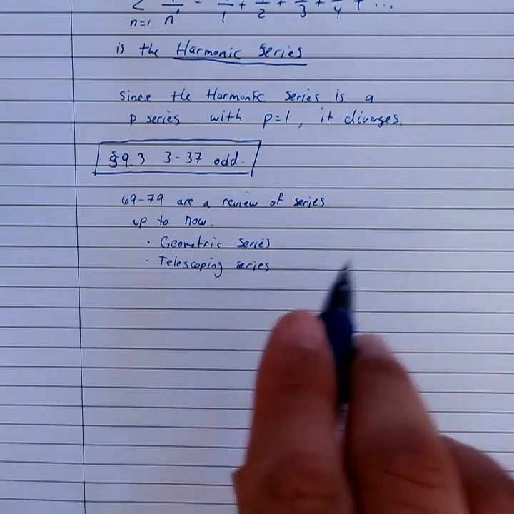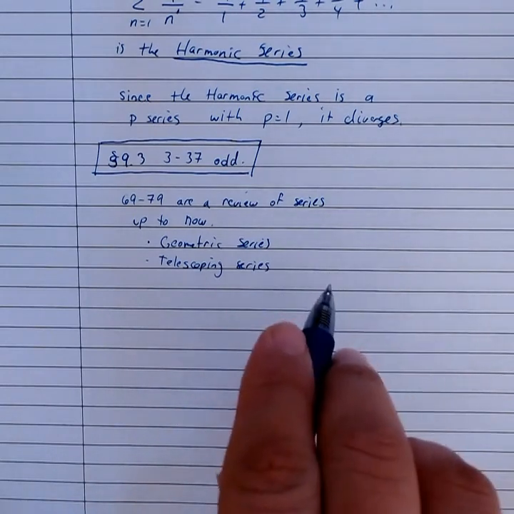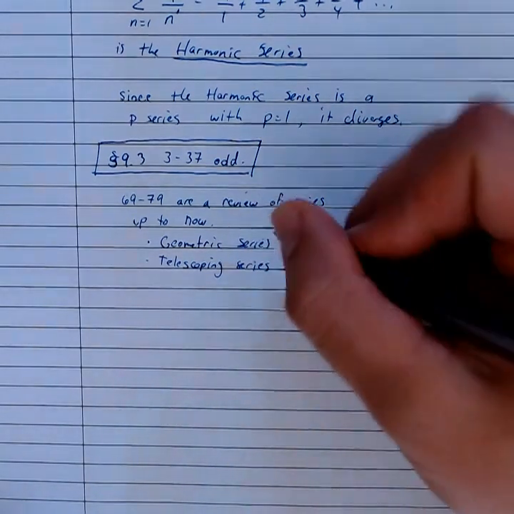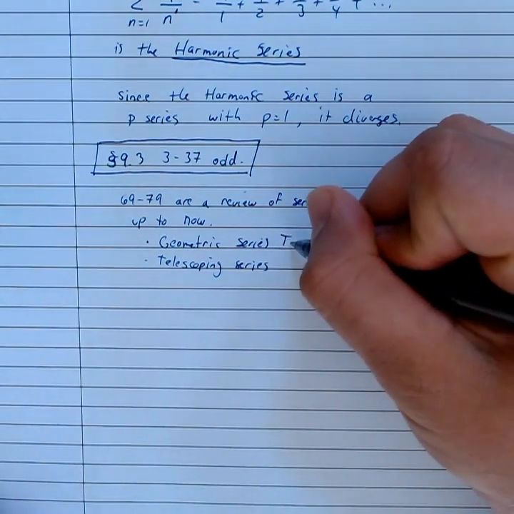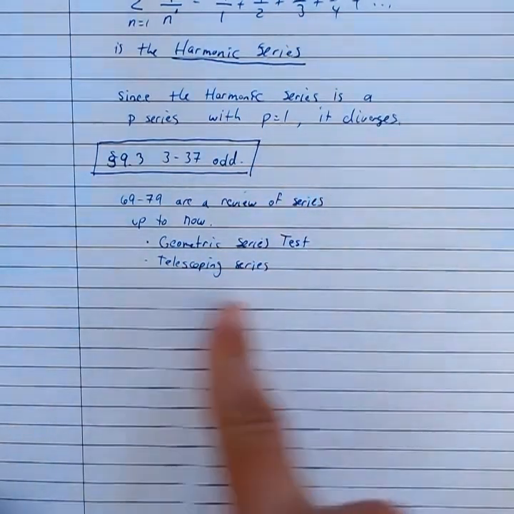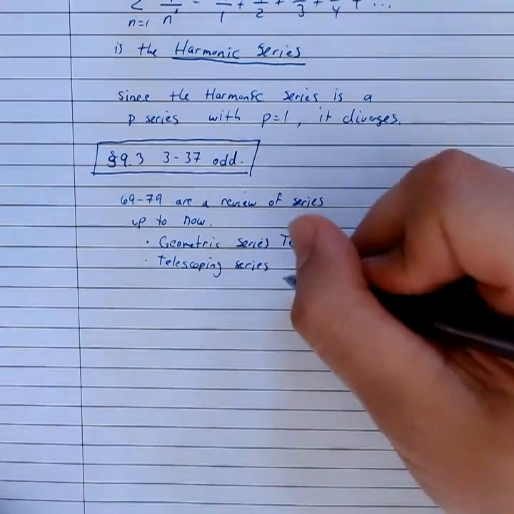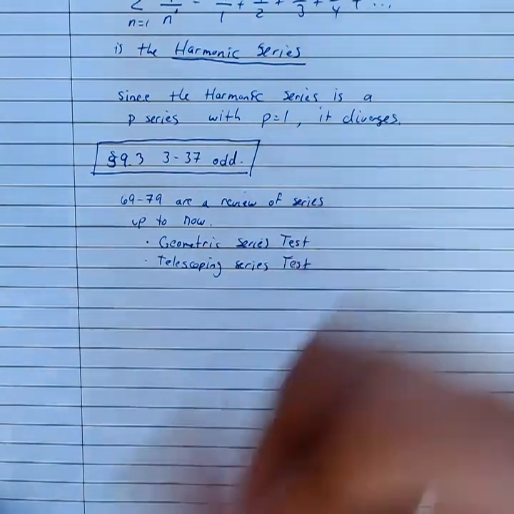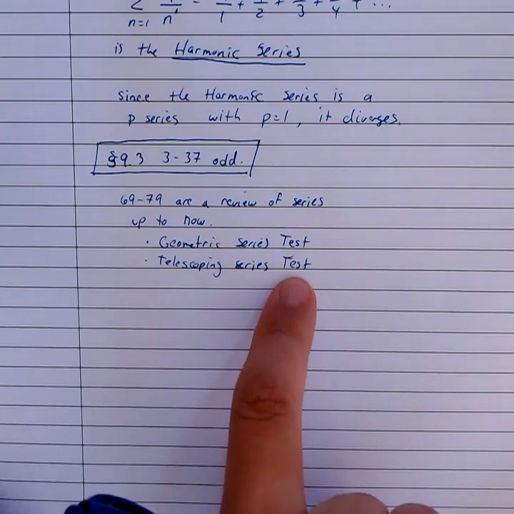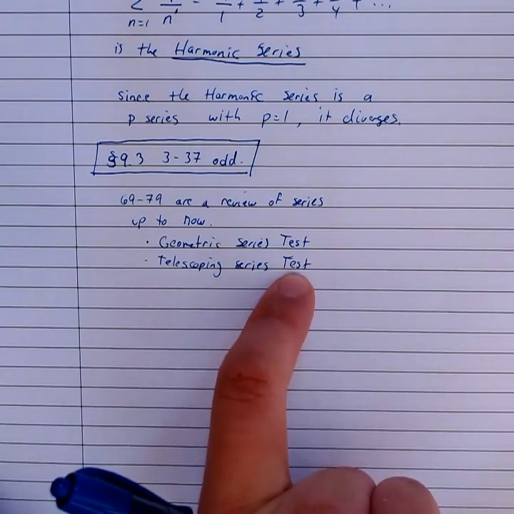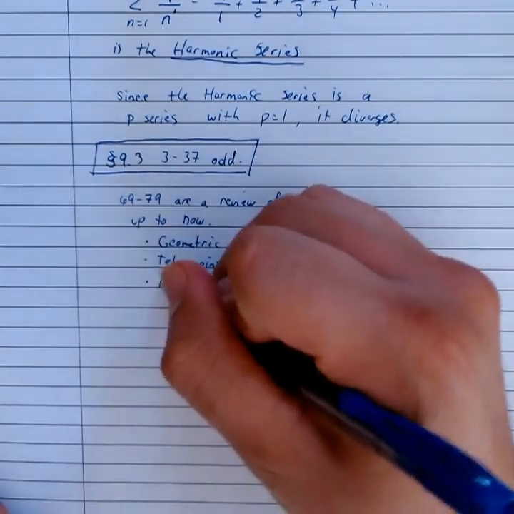Yeah. Well, then you know what happened. Is it greater than 1 in absolute value? Yeah. Okay, then you know what happened. So the geometric series comes with its own test. Likewise with the telescoping series. The telescoping series comes with its own test. The telescoping series test is: is this a telescoping series? Yes, then it converges. We also have seen the nth term test.